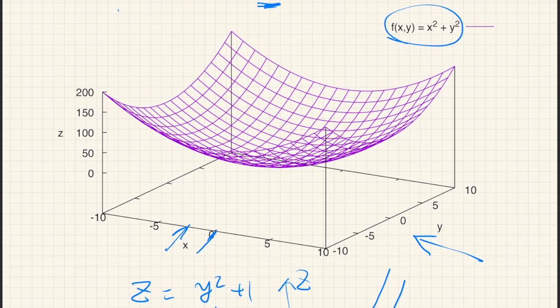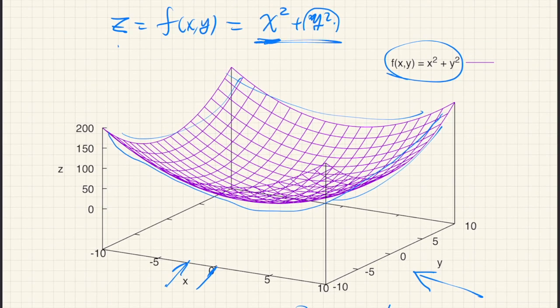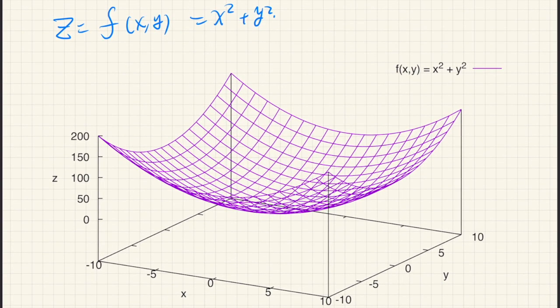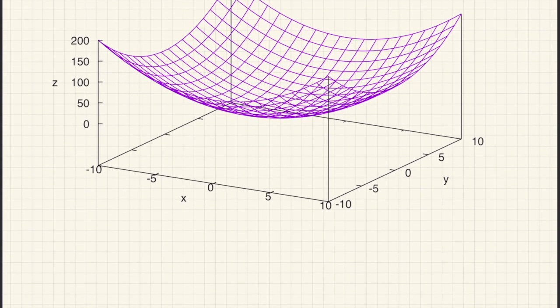So it is a surface like this. It's not a line, it's a surface. So this is the case for a bivariate function, that is, a function of two variables. For this function, the domain is the entire xy plane, that is, the two-dimensional Euclidean space.